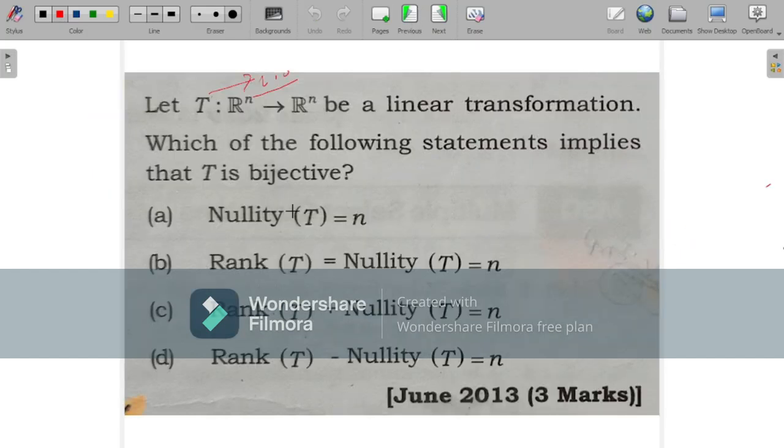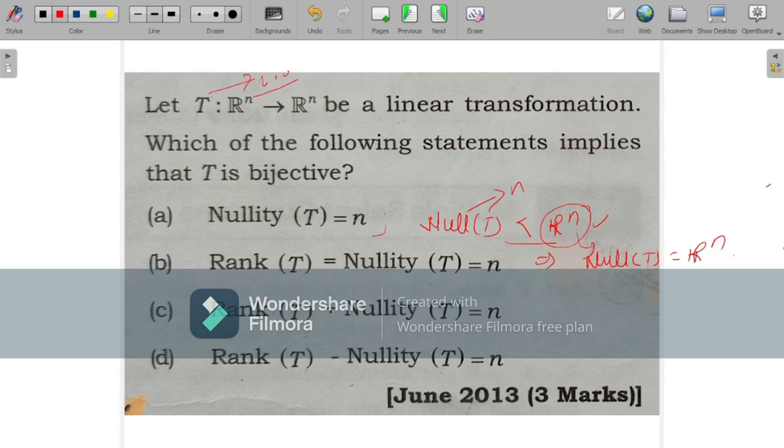Now the first option is given nullity of T equal to n. See, the null space of T is a subspace of vector space R^n. This vector space has dimension n, and null space of T is a subspace of this. If this has dimension n, this will imply that null space of T is same as R^n.